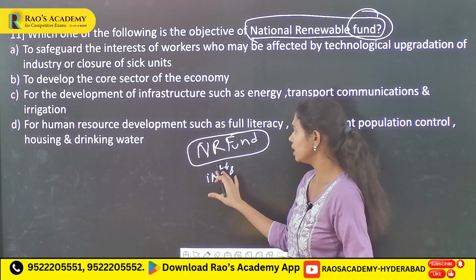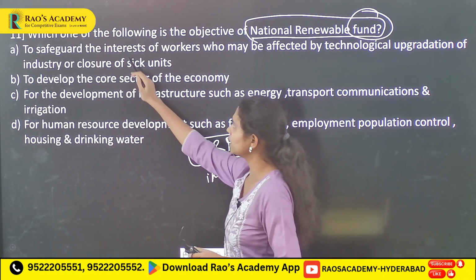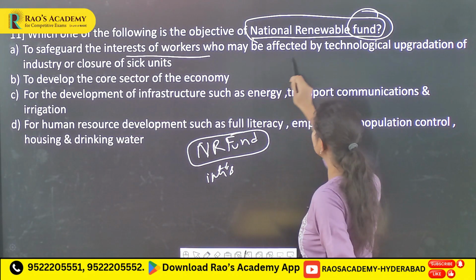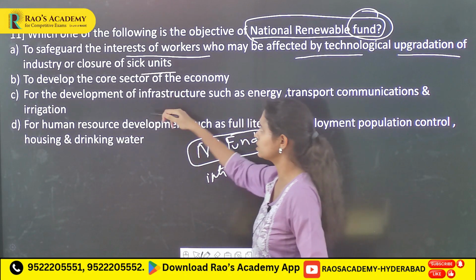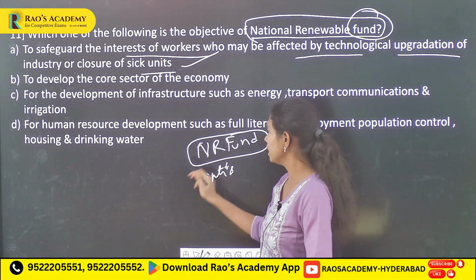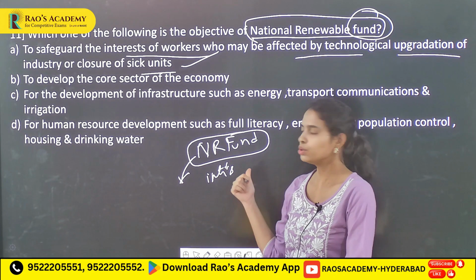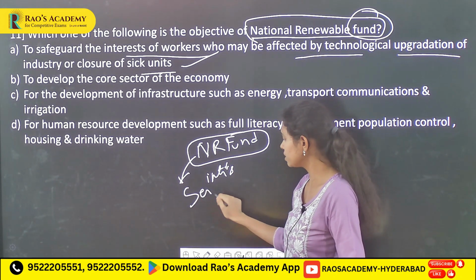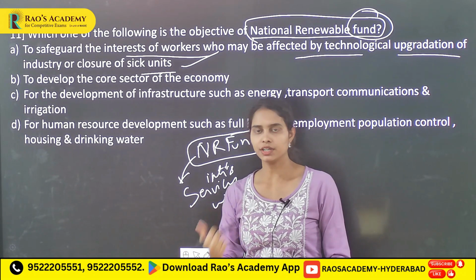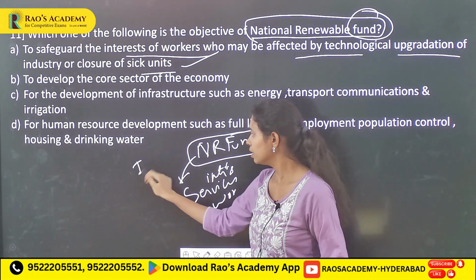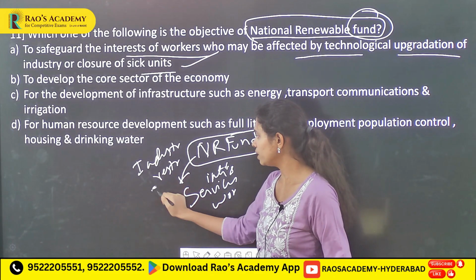So, with regard to that approach, if you see the different statements: to safeguard the interests of workers who may be affected by the technological upgradation of industry or the closure of sick units, which is directly a correct statement. Here the main aim of this particular fund is to provide different services to workers who got affected due to industrial restructuring or industrial relocation.